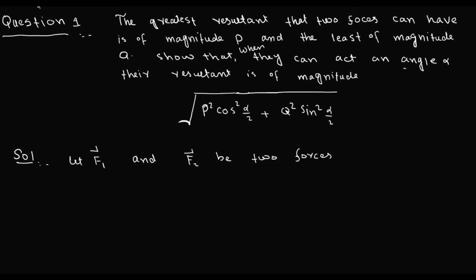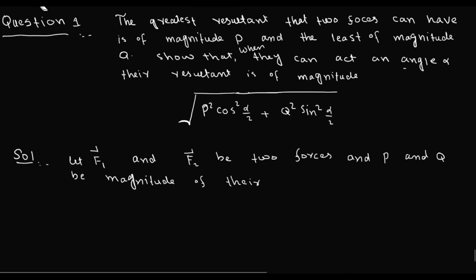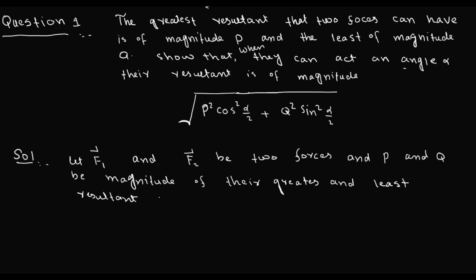Sorry, the greatest resultant is F1 plus F2 and the least resultant is F1 minus F2. So the theory is: let F1 and F2 be two forces, and P and Q be the magnitudes of the resultant, greatest and least respectively.